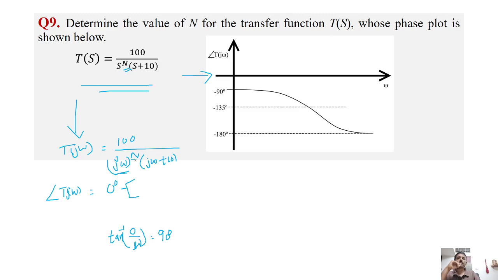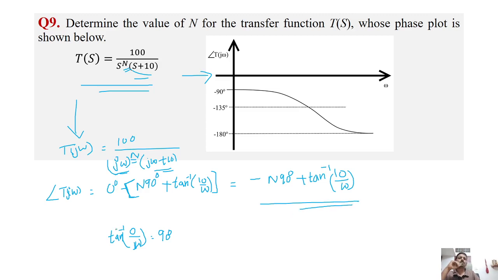There are n number of j omega terms, so it will create n into 90 degrees. So minus n into 90, plus the angle due to this term, 10 plus j omega. So this is the angle of T(j omega).